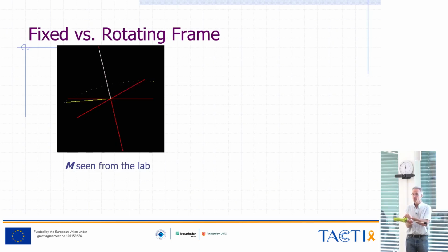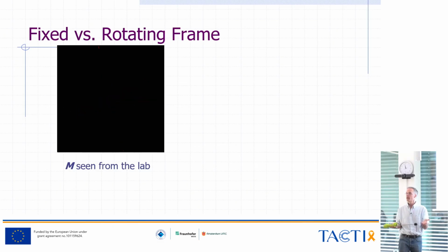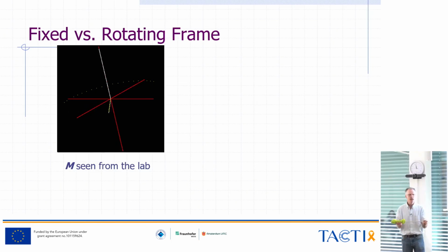So we are following this magnetization. So for you, the magnetization is moving and it's precessing. For me, it's just not moving at all. It's always in the same position. And that makes it quite simple. So in the rotating coordinate system, my magnetization is always in the same position.